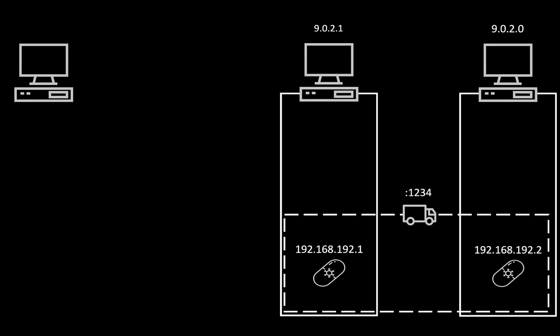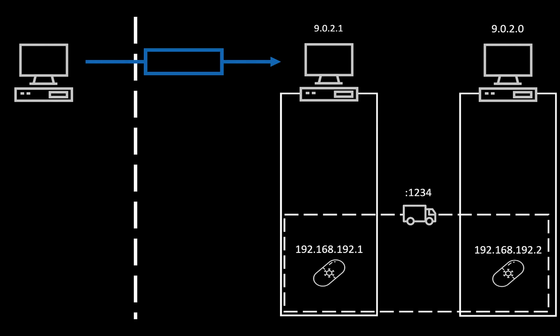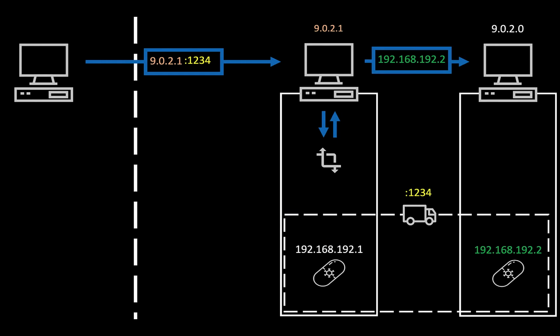When a client comes in from the outside, the client sends a request to the public IP address of the node, along with the port number of the service. So the request goes first to the node and then to the Kubernetes proxy running on the node. Then, similar to a cluster IP service, the proxy figures out where to forward the request. It can send the request on to the pod in the same node, or it can reroute the request over to the pod on the other node. This is called a node port service.